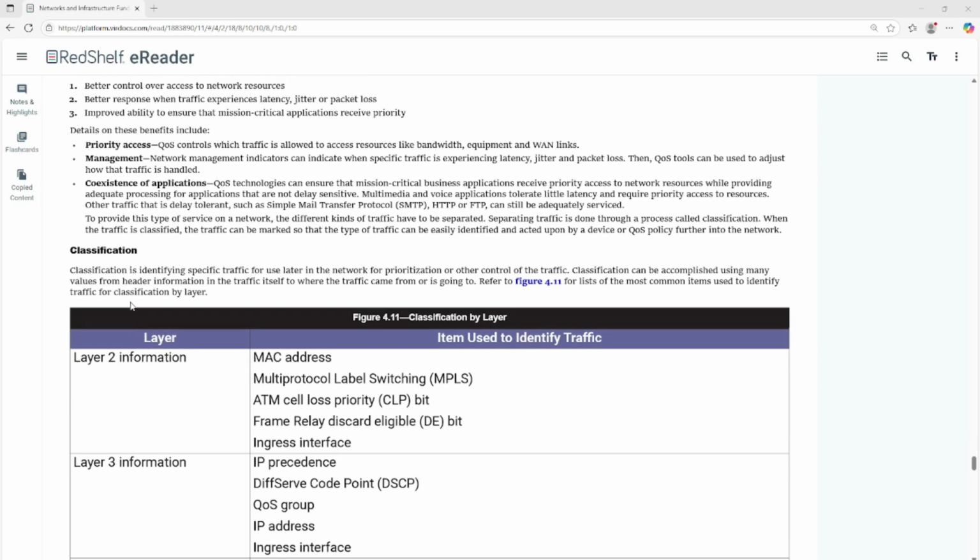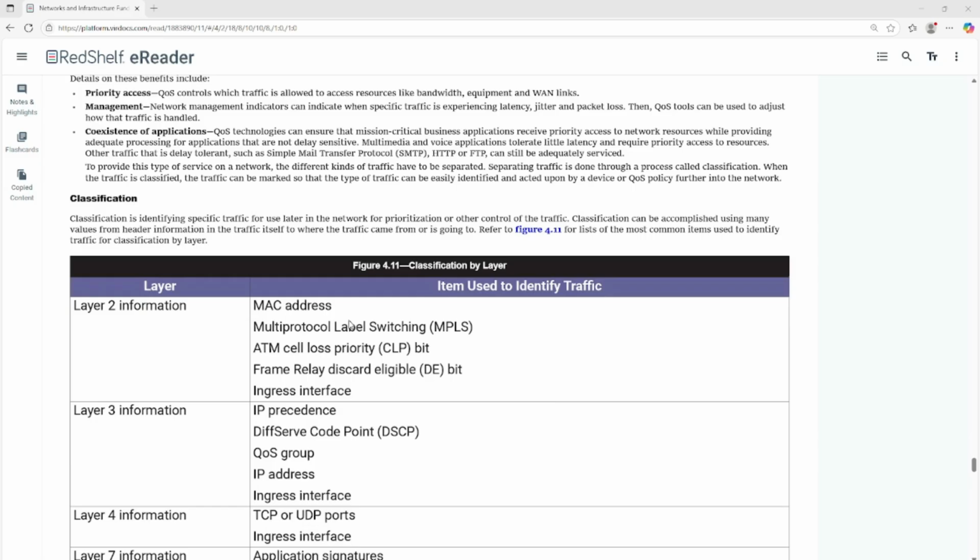Classification. Classifications identify specific traffic for use later in the network for prioritization or other control of the traffic. Figure 4.11, classification by layer. Yep, network traffic.